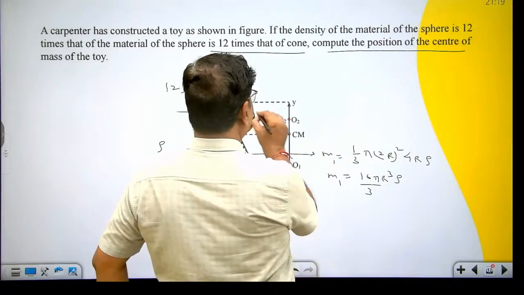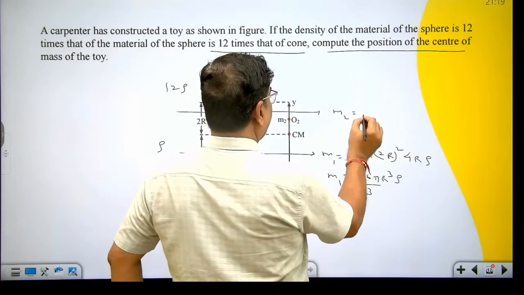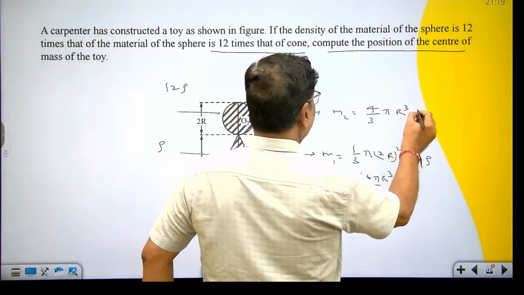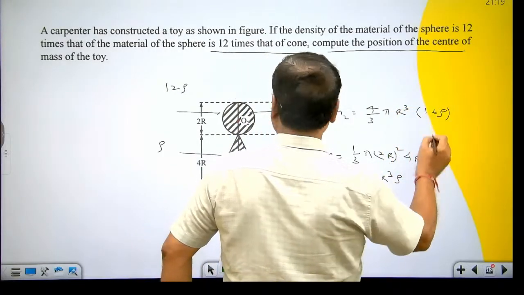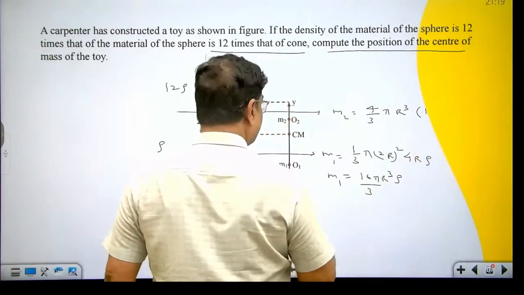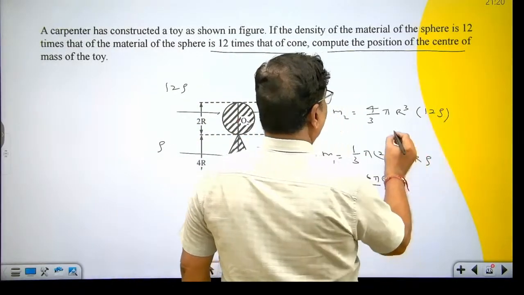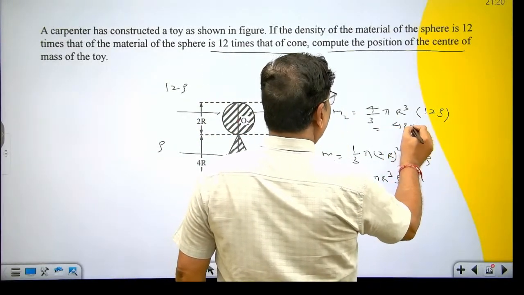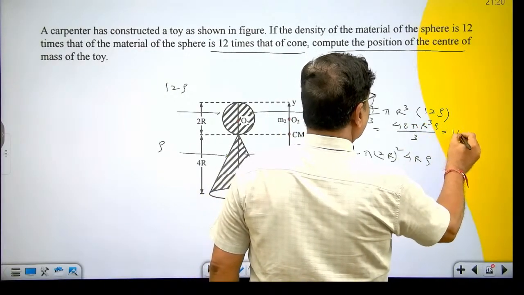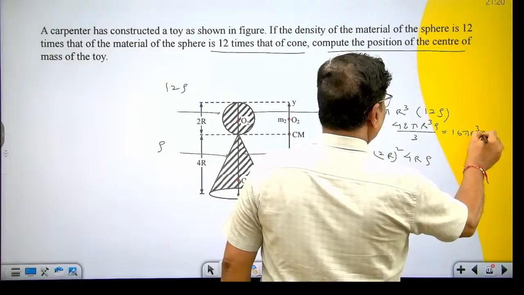And now the mass of the sphere, m2, equals 4 upon 3 pi r cube into 12 rho. This is 48 pi r cube rho upon 3, which is 16 pi r cube rho.